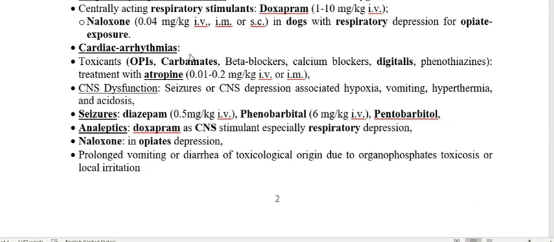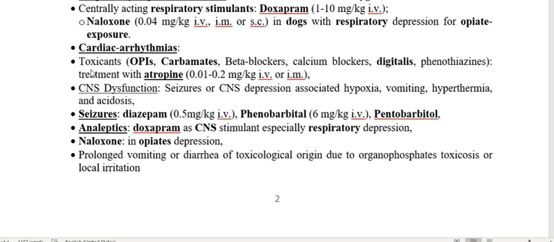If you find symptoms other than respiratory, such as cardiac arrhythmia. What is the meaning of cardiac arrhythmia? The heart is not in rhythm, and you will find this symptom in animals poisoned by organophosphorus insecticide, carbamates, and others like digitalis.